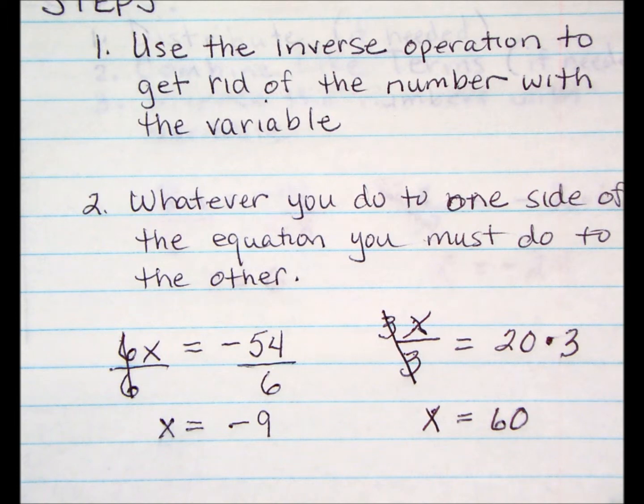The second problem was actually a division problem, x divided by 3. The inverse of division is multiplication, so we multiplied both sides by 3, and we got x is equal to 60.